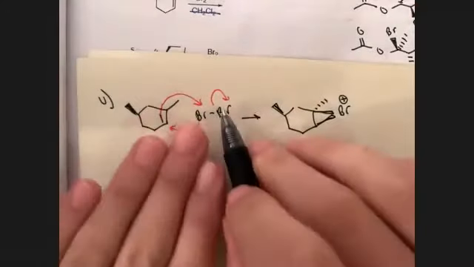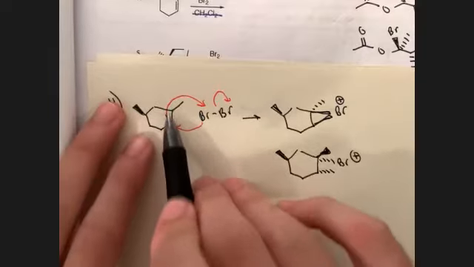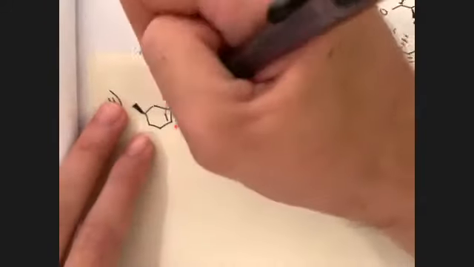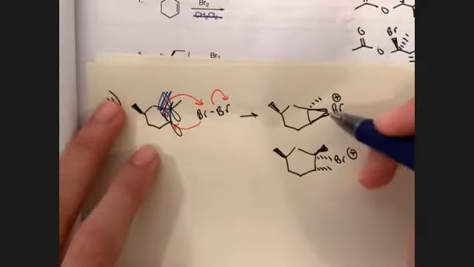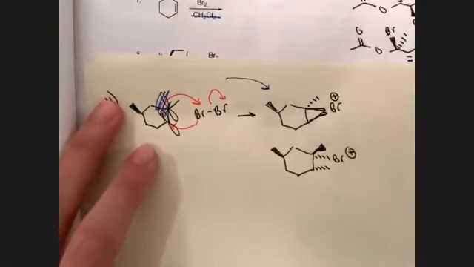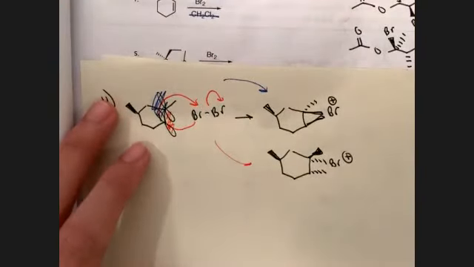This bromine can either attack from the front face, and if you can't rationalize that, remember these pi bonds result from unhybridized p orbitals. So you can imagine these p orbitals, and I could have attacked from this top face, which I'll color in blue, and that would be this wedge orientation, so that would be this structure, or maybe the bottom lobes, which would result in that structure. So maybe that visual makes more sense now.